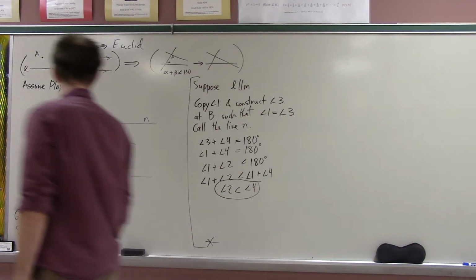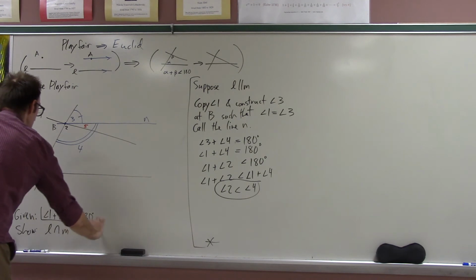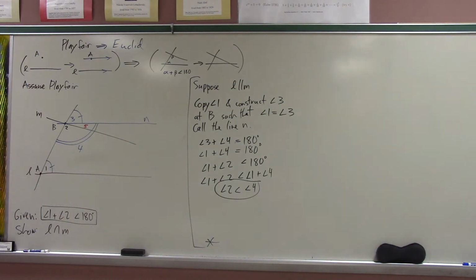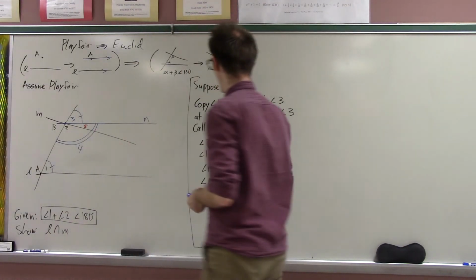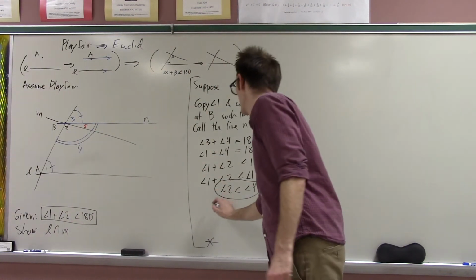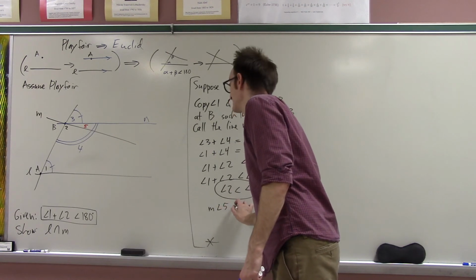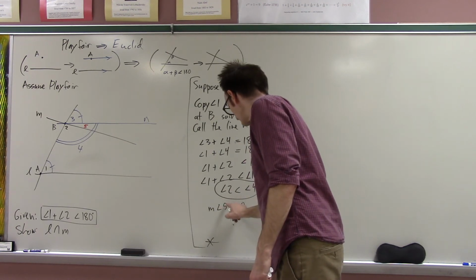I'm invoking the fact that 1 and 2 add up to less than 180. So the supplement of angle 1, angle 4, has to be greater than angle 2. So this little angle 5 is a real thing. The measure of angle 5 is actually positive.